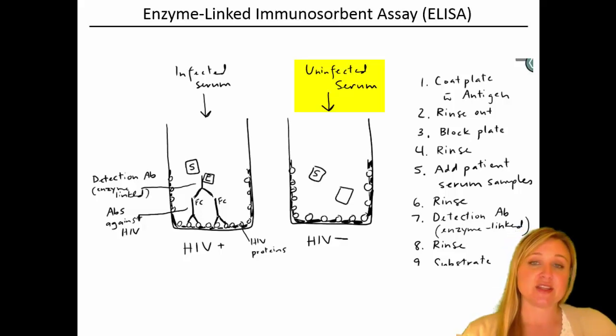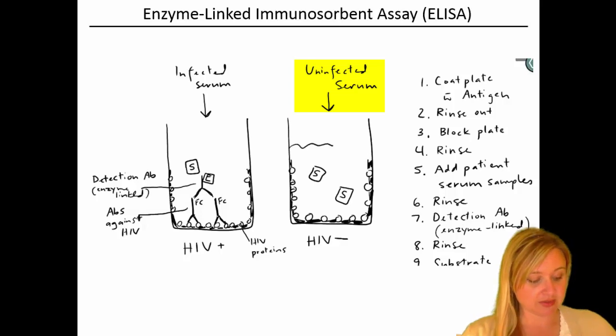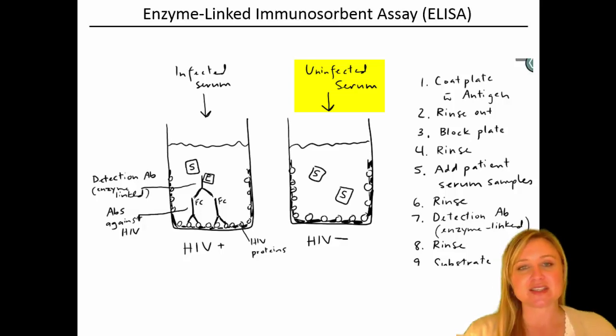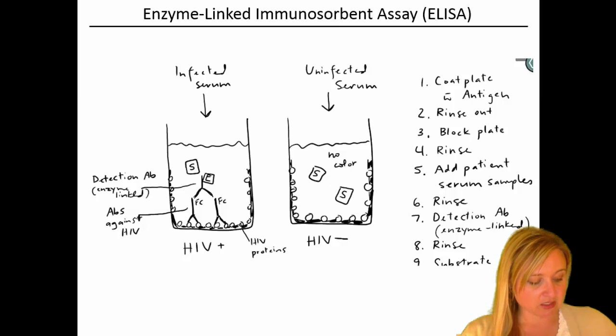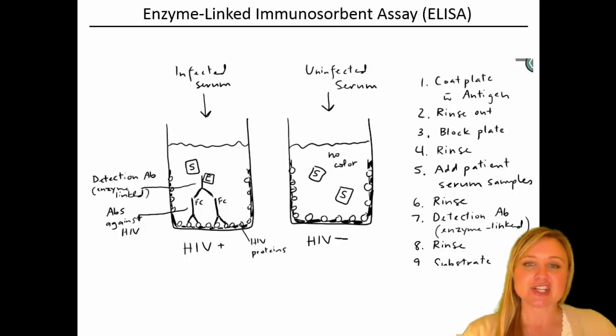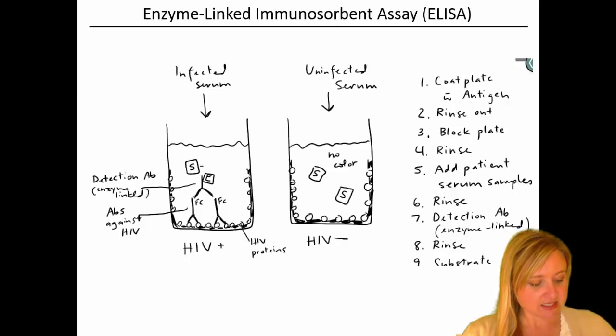Now over here in the uninfected sample well, there's no enzyme because there's no detection antibody found there. So when we add in the substrate, nothing is going to happen to the substrate. But over here in the infected well, when we add in the substrate, the detection antibody is there, so the enzyme is there. And that enzyme is going to cleave the substrate.